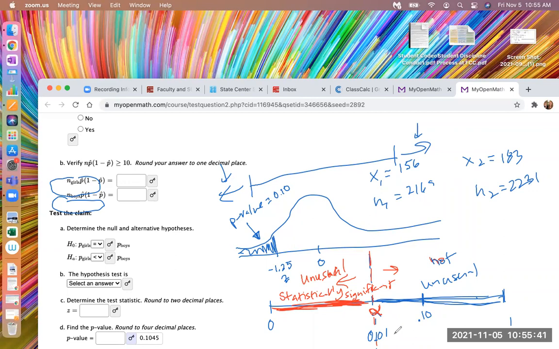However, if you weren't sure about that, let's look at it a little more closely. Oh, I'm sorry, I'm getting these mixed up. This is our p-value. This is our alpha. How do I compare those two?